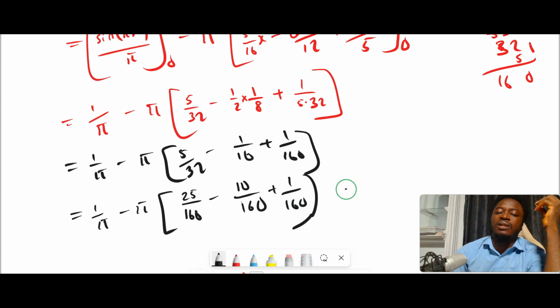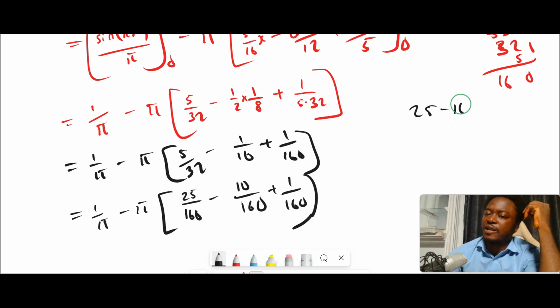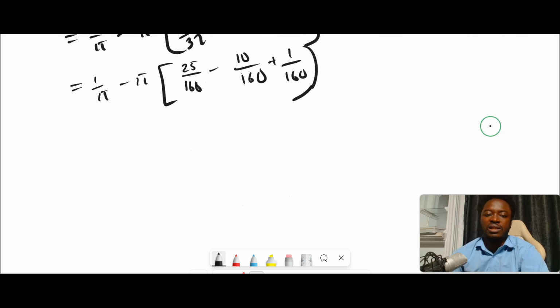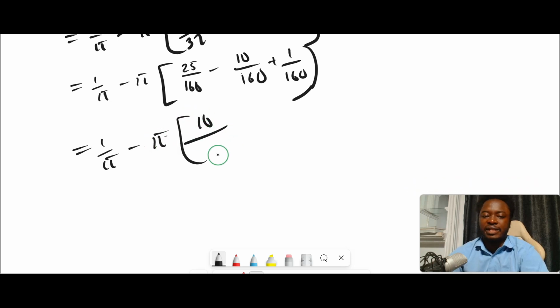So we are doing literally 25 minus 10, which gives us 15, plus 1, you will get 16. So you have 16 over 160, so 1 over pi minus pi times 16 over 160.